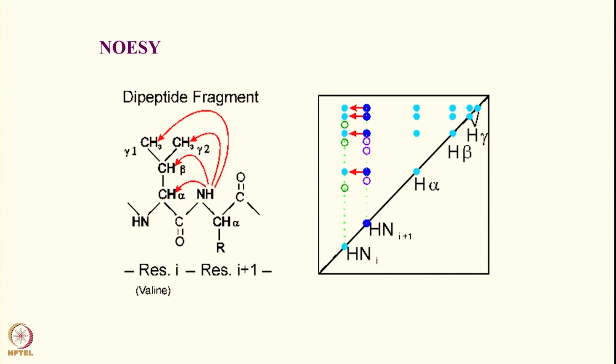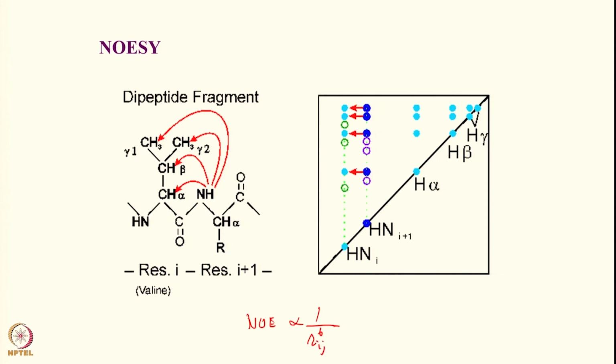Now the dipolar interaction, as we said, depends upon the NOE. NOE is proportional to 1 over Rij to the power 6. So Rij is the distance between the 2 protons.